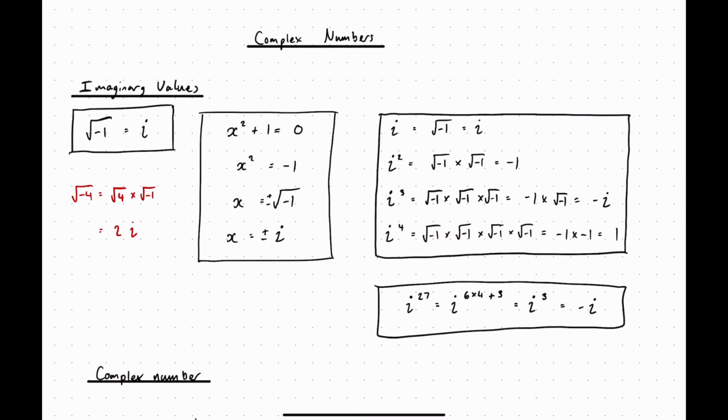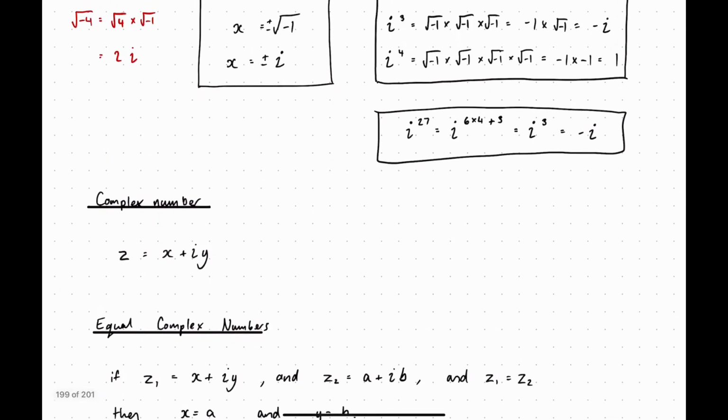But a complex number is written most commonly as something like z equals x plus iy, where x and y are real numbers. z equals x plus iy has a real and an imaginary part.